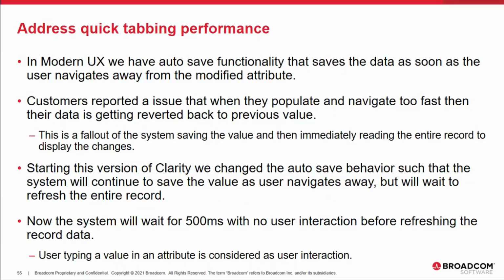So as soon as you populate a data, we would automatically save the value in the database and then immediately do a refresh to show you the impact of that change on the rest of the fields in the same screen. The result of that was that if you're going too fast, you could potentially lose some of the record data that you populated because by the time we save it and then come back and display it, the data could be overwritten.